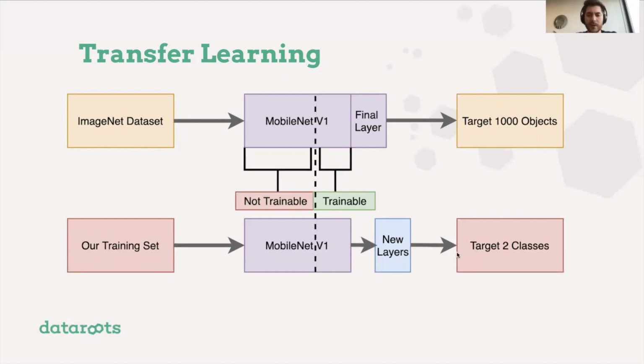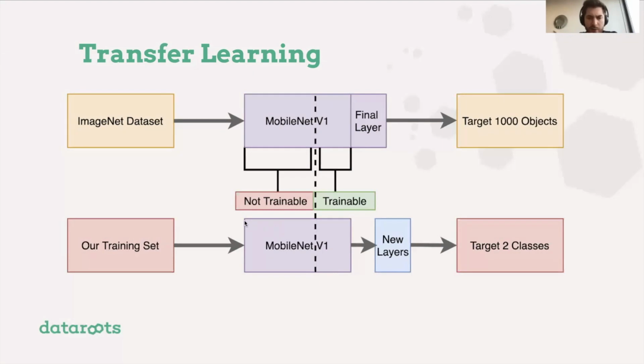So in transfer learning, we don't need to use this final layer because we will not predict these 1,000 objects anymore. Instead, we are removing this layer and adding new additional neural layers to increase the performance of predicting the target masked or not masked classes.